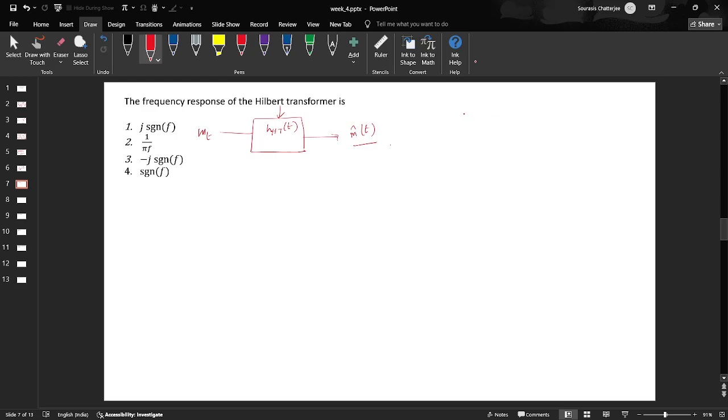Okay, so by the property of convolution in time domain, your signal after passing through the Hilbert transformer, m hat(t), is given as the convolution of m(t) with the impulse response of the Hilbert transformer.